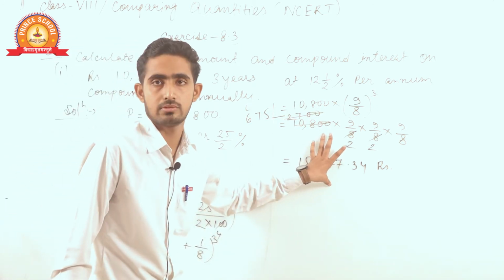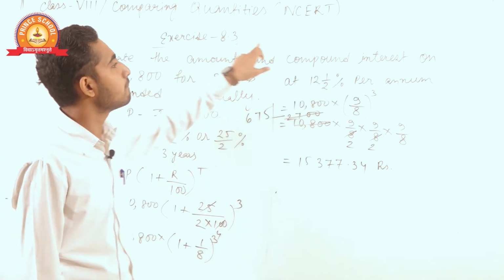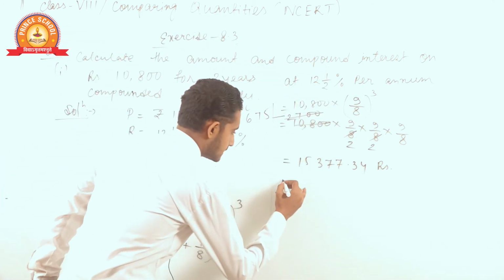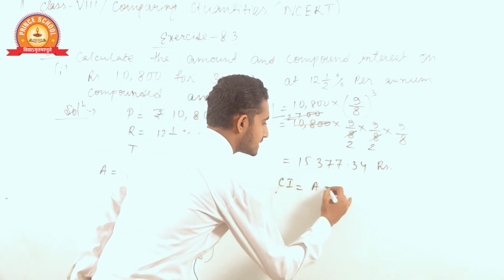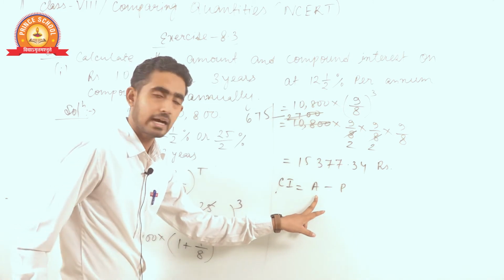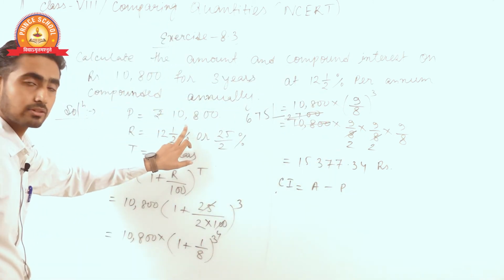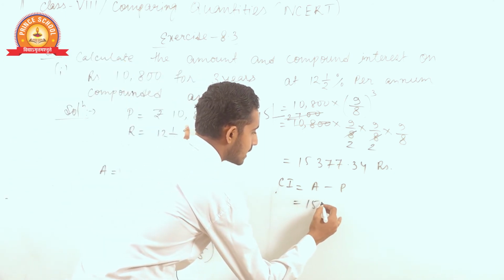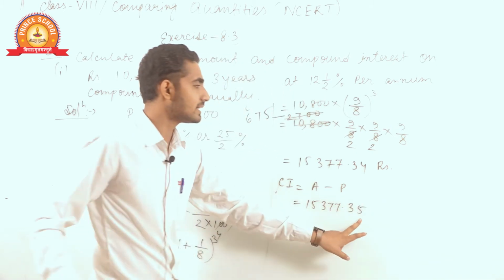This is the amount, but your question says to find the amount and also the compound interest. What is the formula of compound interest? CI is equal to A minus P. A means amount and P means principal. Principal is already given in your question, 10,800. So amount is given as 15,377.35. Let us consider it as a whole number.